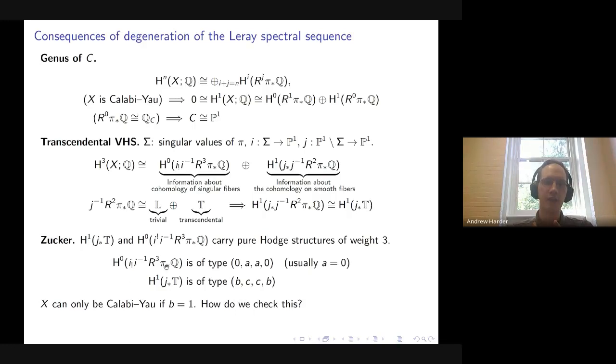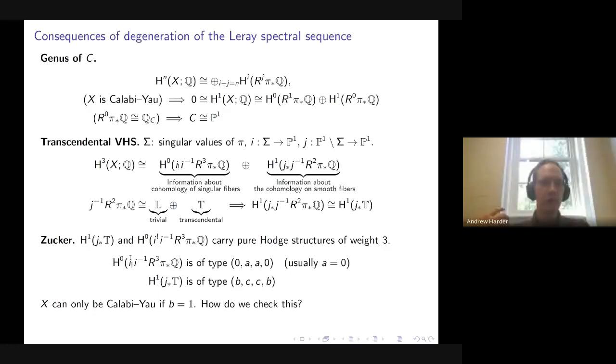The upshot is that if I want to determine whether my total space can be Calabi Yau or not, first of all, I have this restriction on the base curve, and the second thing is that I just need to look at the transcendental local system and its push forward to the singular part, because the singular fibers won't say anything about it. The singular fibers don't actually contribute to the transcendental part, if I can say that, of the Hodge structure of a Calabi Yau threefold.